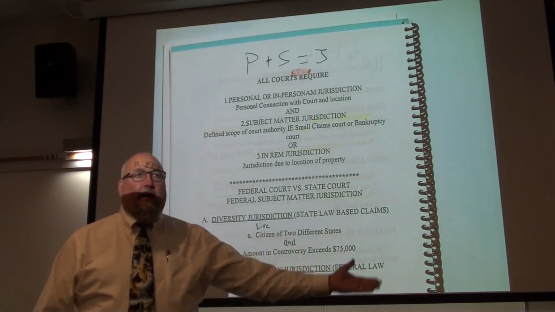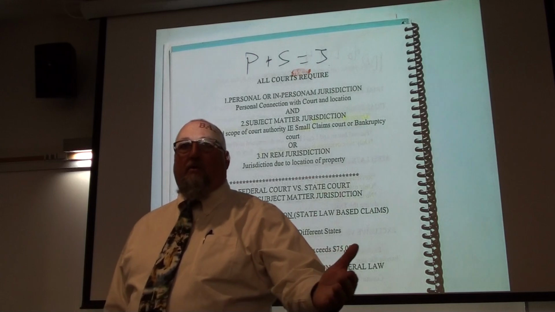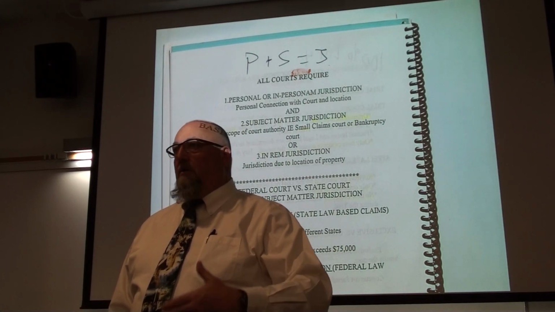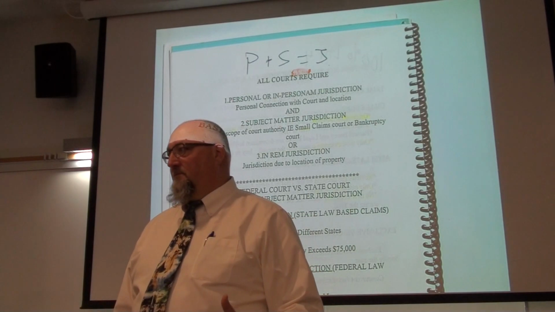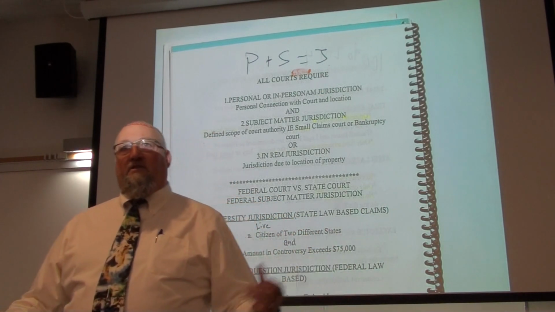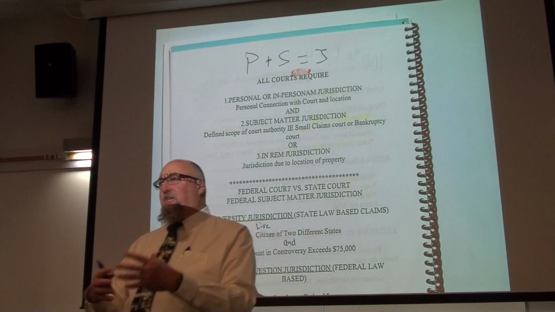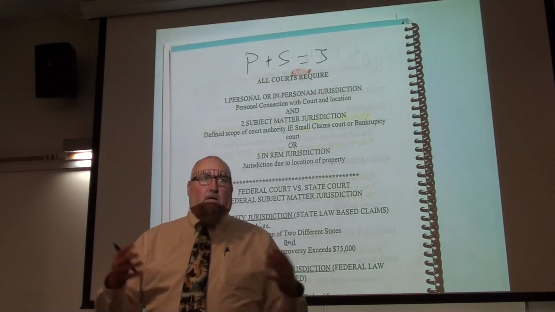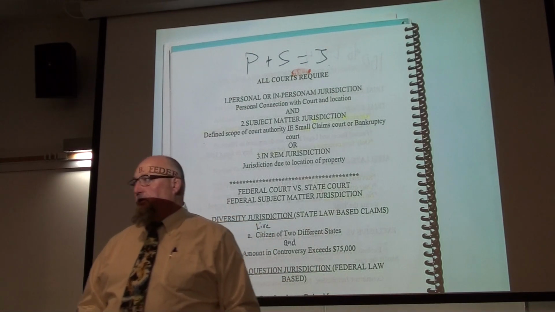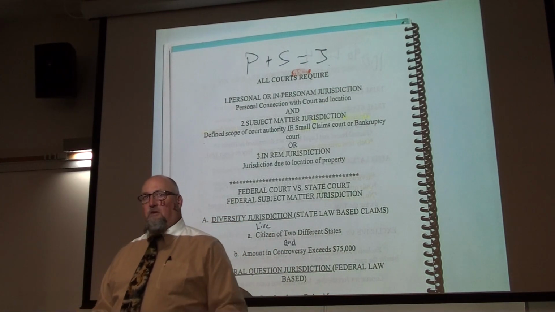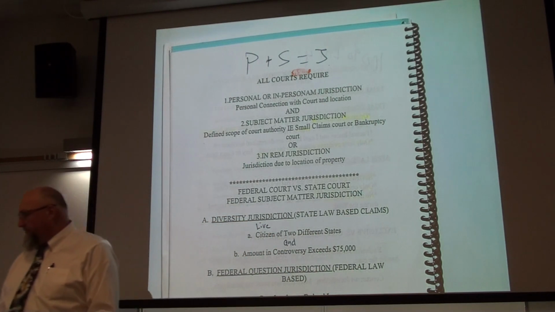Now, what if it's Microsoft or Intel or Procter & Gamble? What states do they do business in? Every state, right? So, that connection, if you're doing business everywhere, you pretty much have personal jurisdiction all over the place. It's because you're doing business on even a global basis.